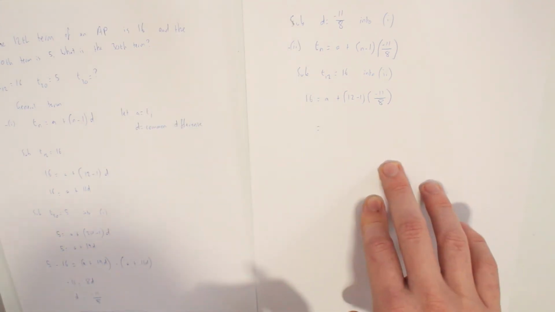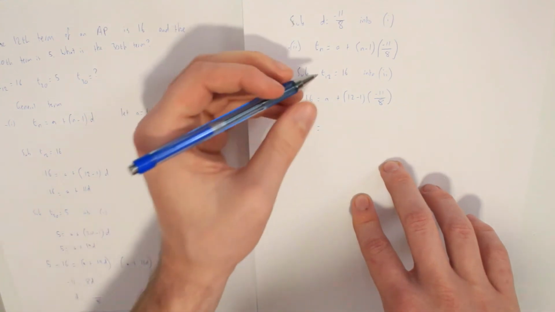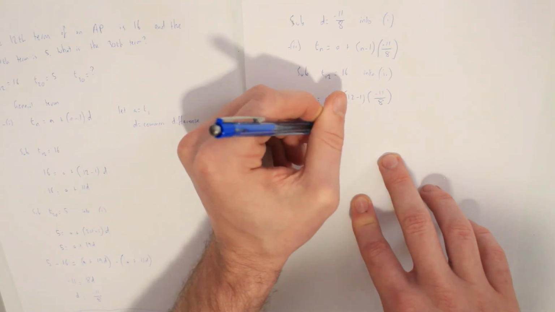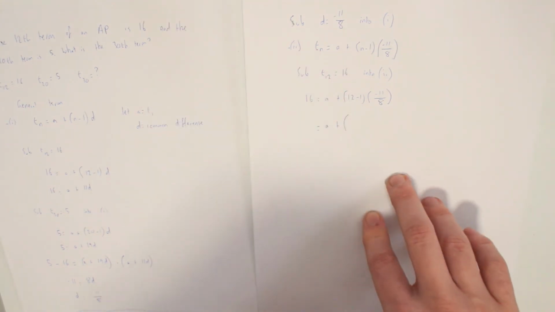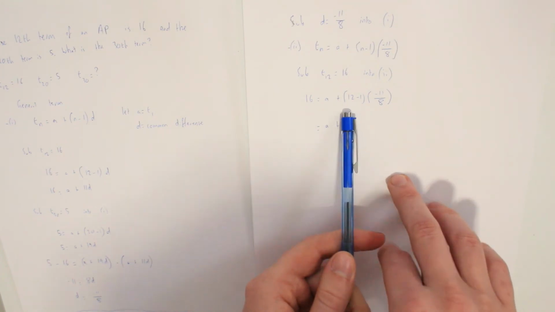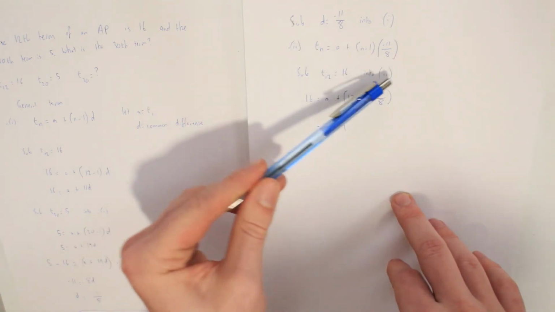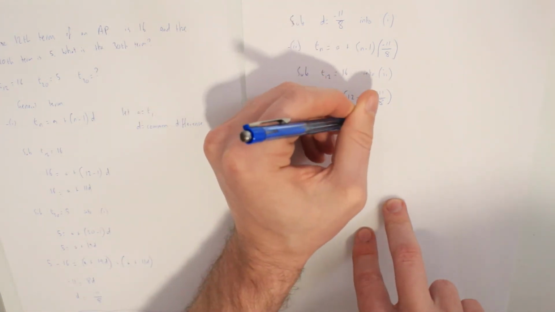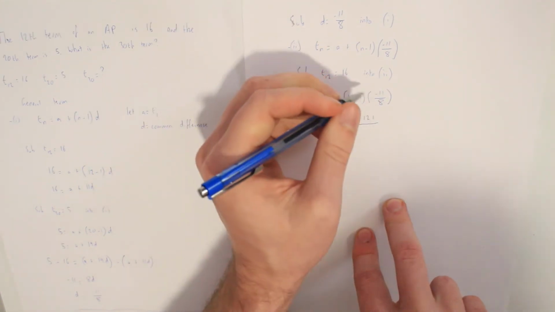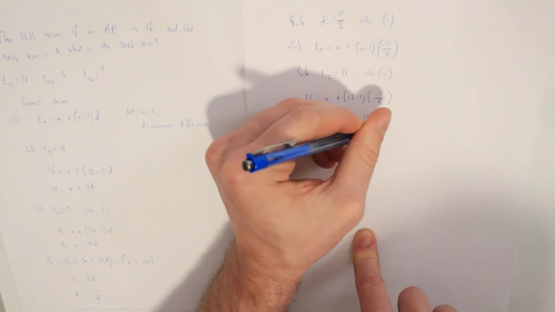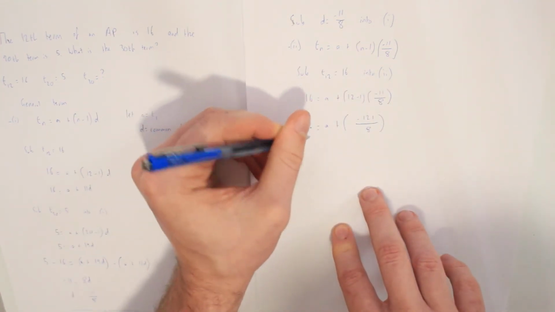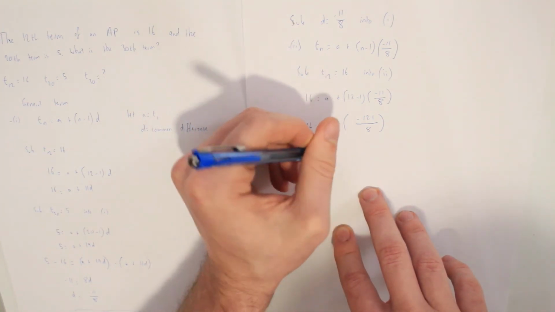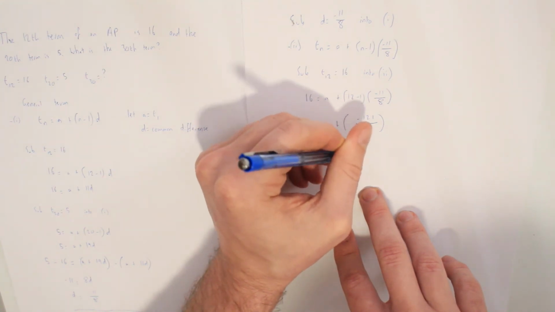How do we simplify this? Well, we can say A plus, let's put this in brackets, 12 minus 1 is 11. 11 times negative 11 all divided by 8 equals, 11 times 11 is 121, all divided by 8. So 16 equals A minus 121 over 8.